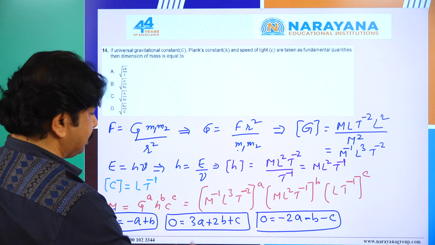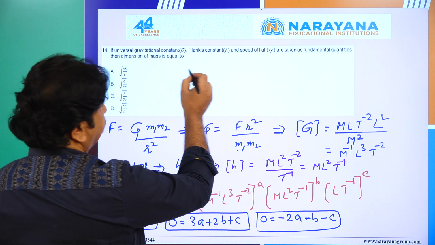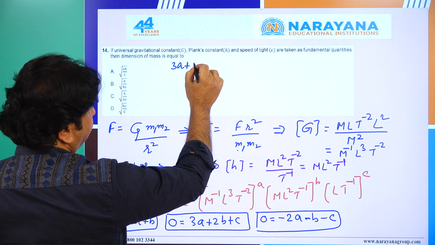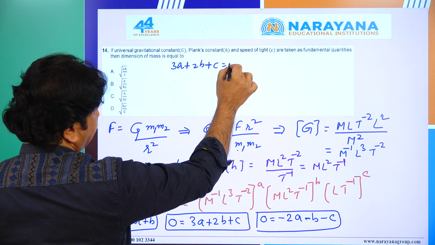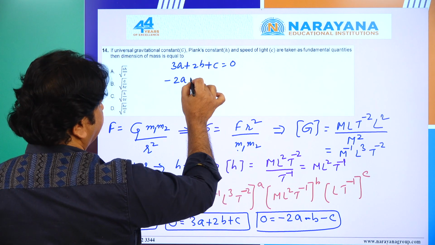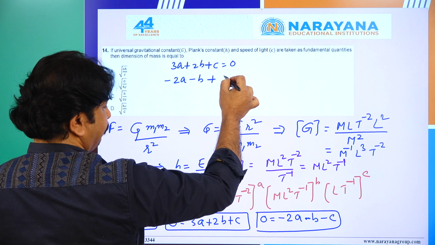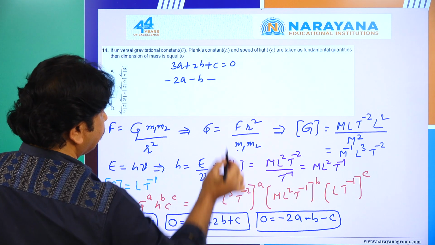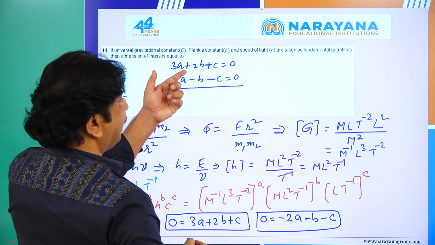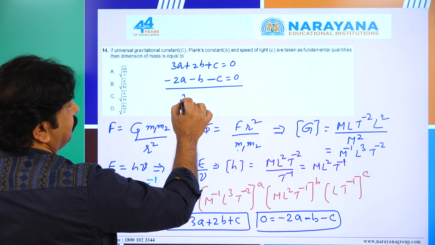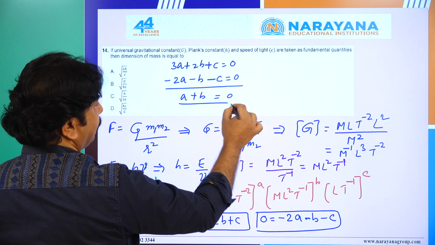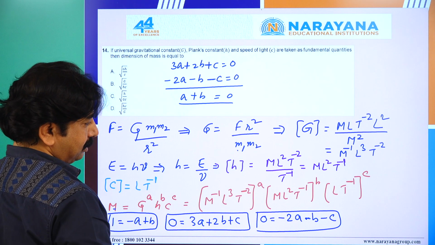So second equation, third equation. 3a plus 2b plus c is equal to 0 and minus 2a minus b minus c is equal to 0. Adding these two, we are getting a plus b is equal to 0 from the second and third.